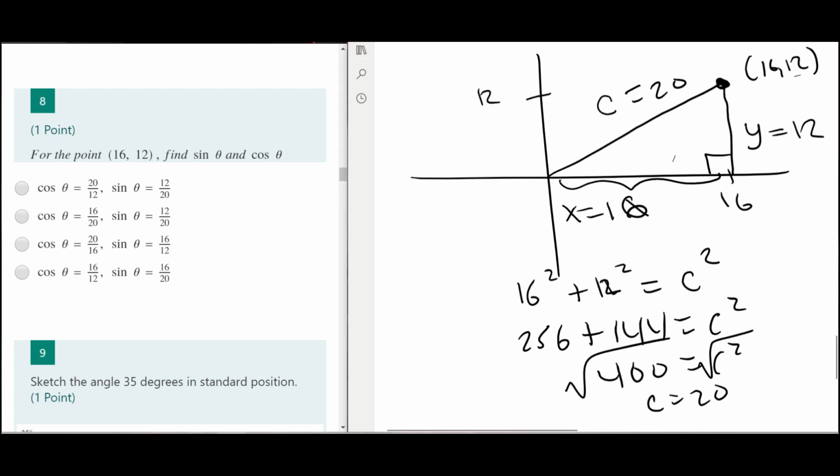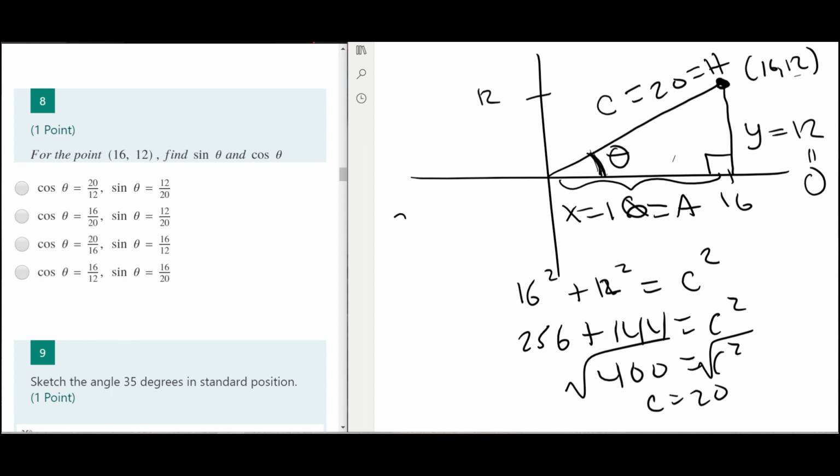So then we're interested in the angle theta. What's that angle? Well, that angle is the angle to the x-axis right here. That's always going to be, by definition, the angle to the x-axis. So in that case, what's cosine? Well, cosine is adjacent over hypotenuse. And we know the hypotenuse is 20. The adjacent has to be 16 because that's next to the angle. And then this is opposite.